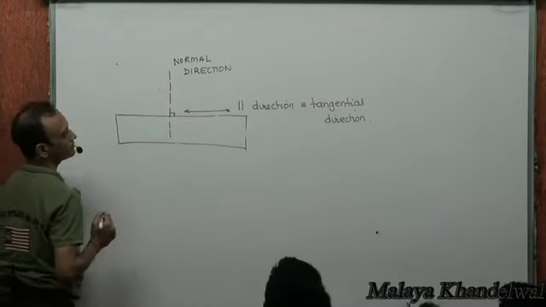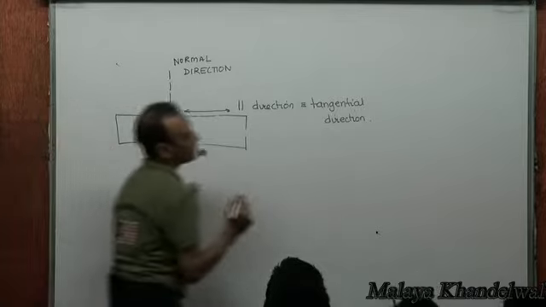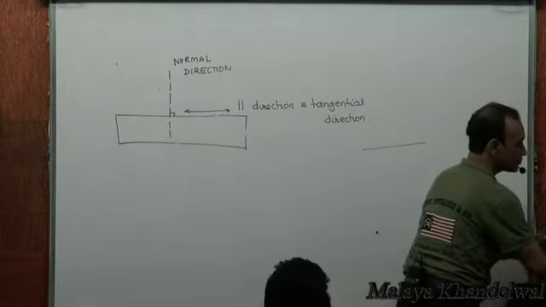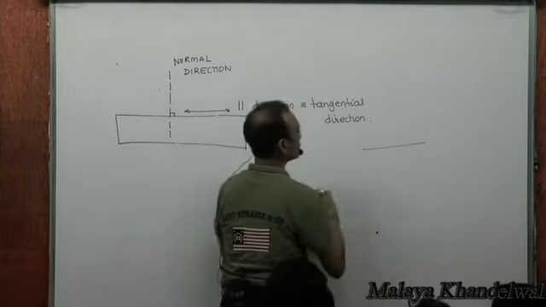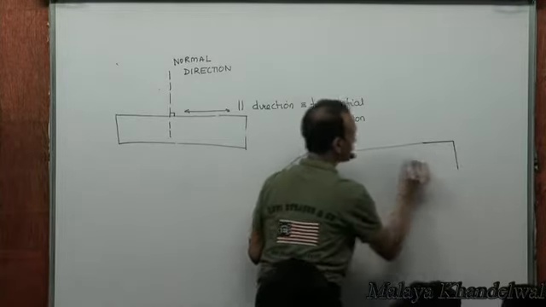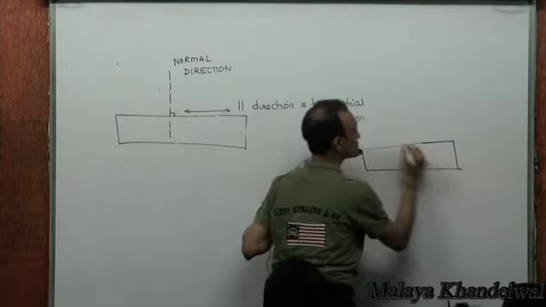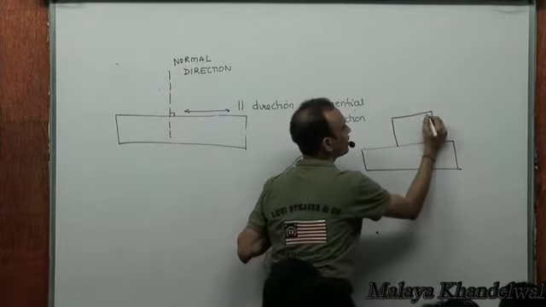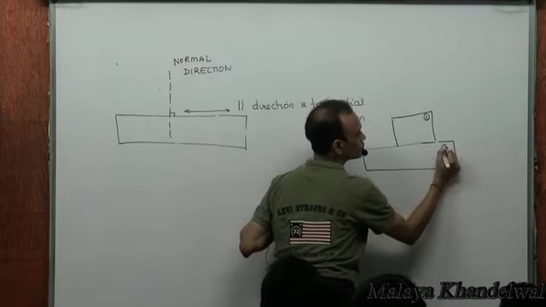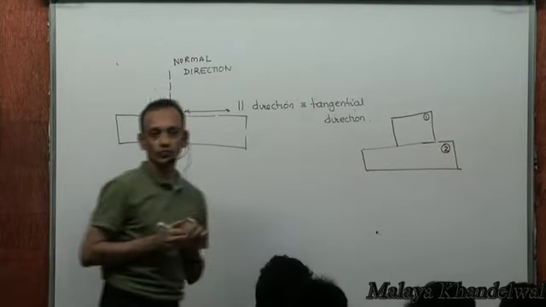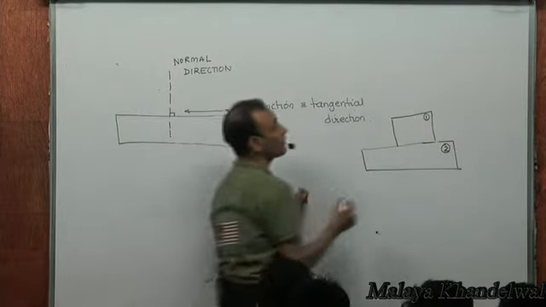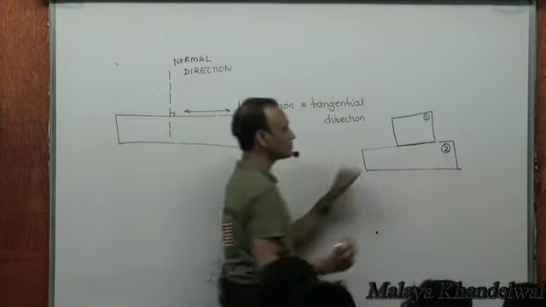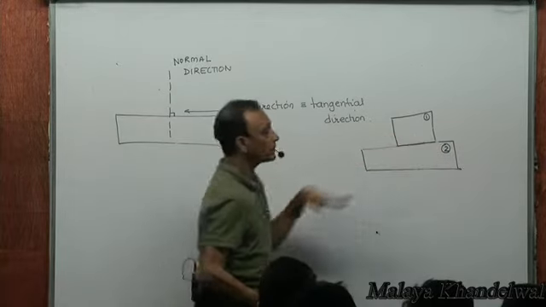And if there are two surfaces in contact, if these are two bodies, body 1 and body 2, then they have a common surface here, right?